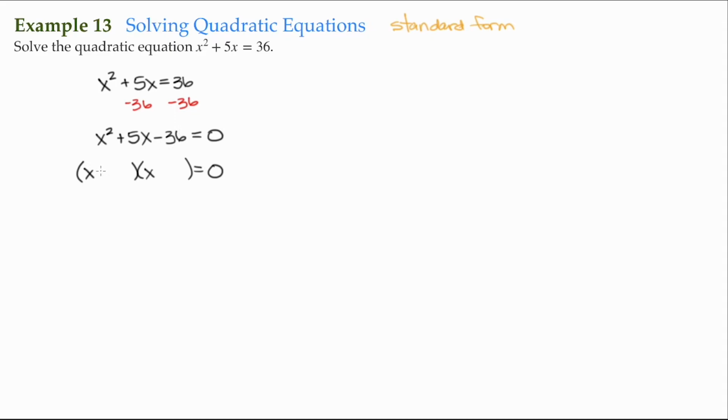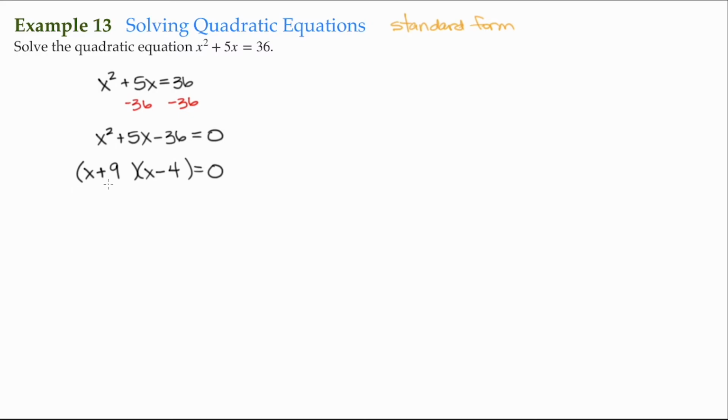That's if one of them is positive and the other one is negative. So we have to think of two values multiplied together will give us negative 36, and added together will give us 5, and those values are going to be positive 9 and negative 4. 9 times negative 4 is negative 36. 9 minus 4 is 5.